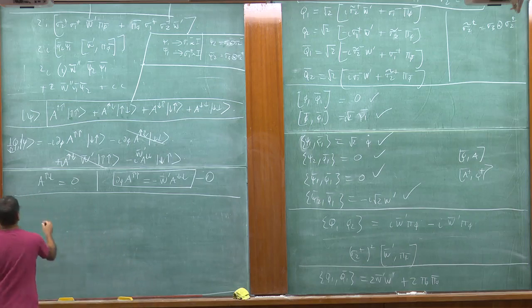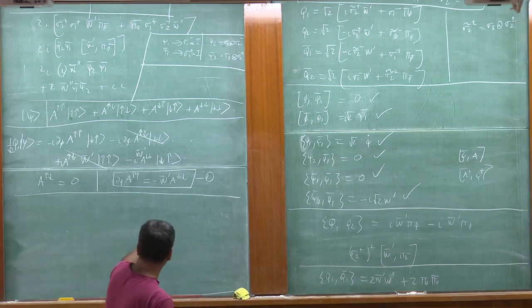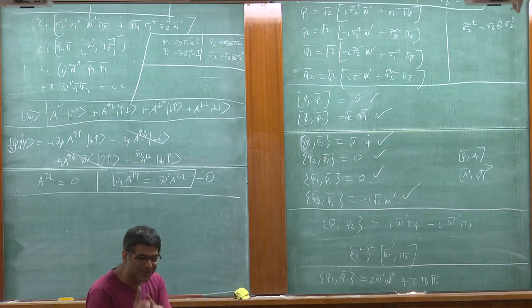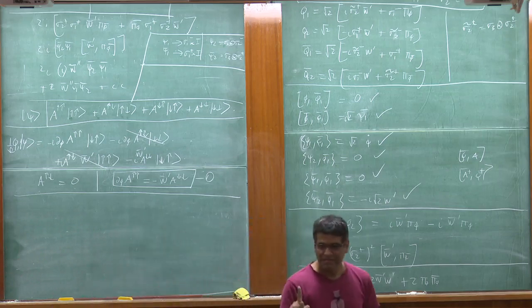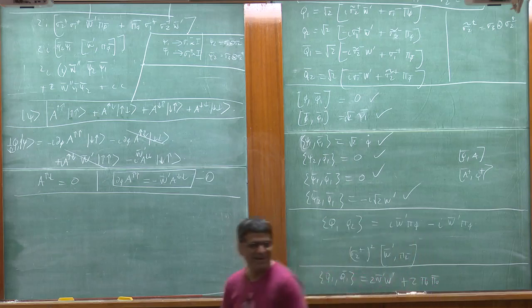Now let's look at Q2 psi. We should get the same equation, but I suspect that without Chintan, the two equations would not be the same. Let's check that we get the same equation, and just check what would have happened without Chintan's help.